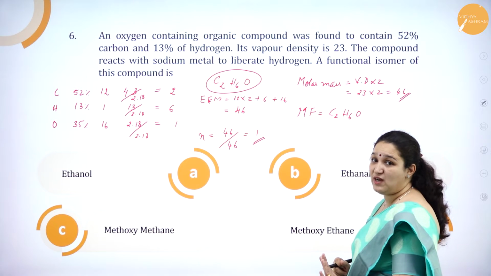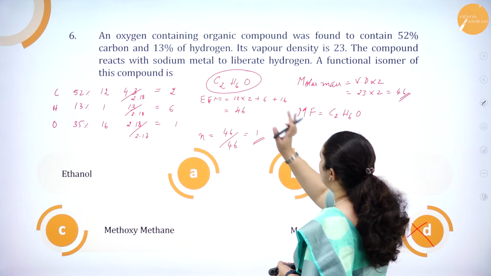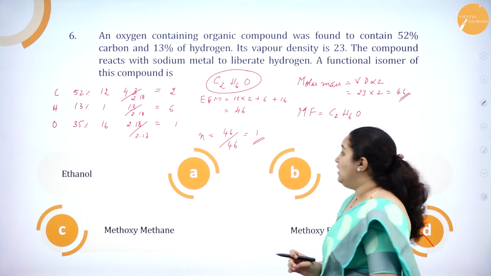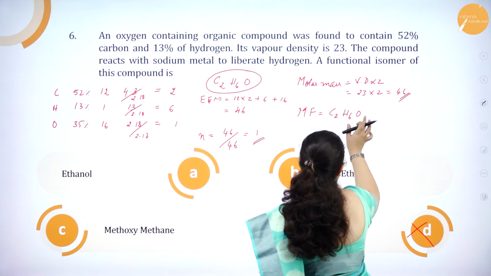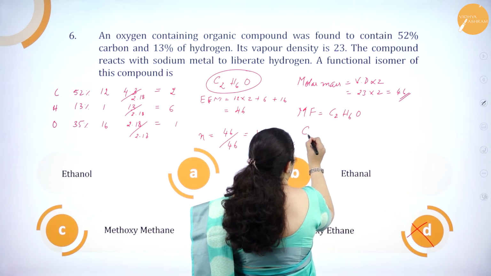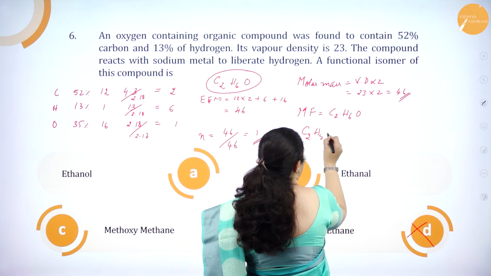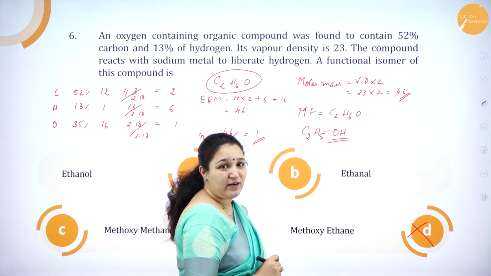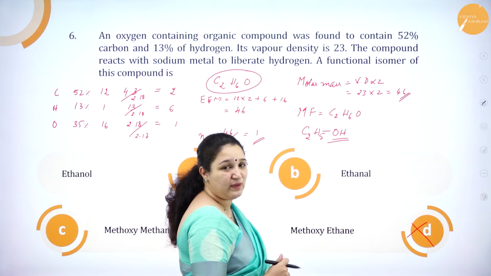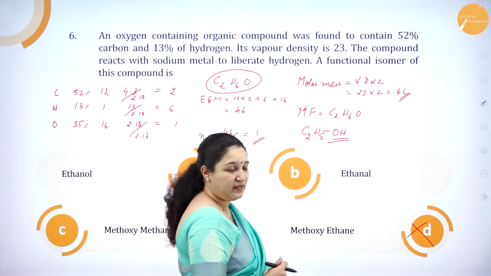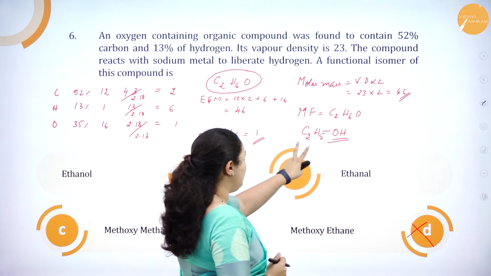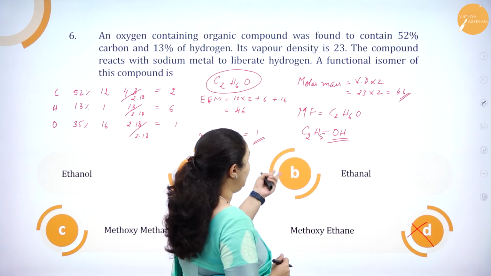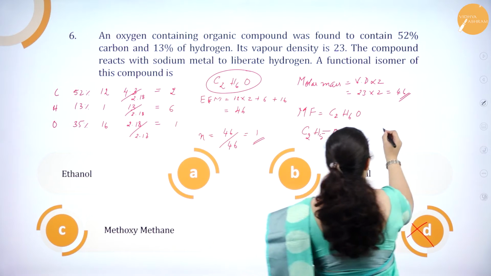So it can be any one of these. But it should be a functional isomer of something which reacts with sodium metal to liberate hydrogen. If I see this C2H6O, I can write it as C2H5OH, alcohol. Alcohol can liberate hydrogen gas when it is treated with metal sodium, correct? So the compound should be ethanol, but its functional isomer, how can I write?